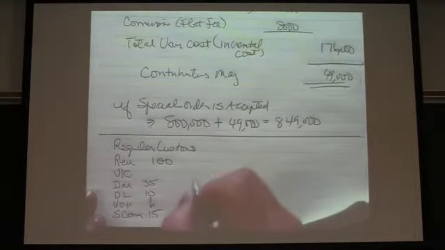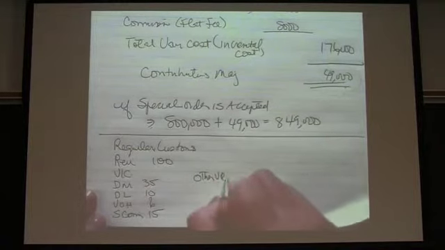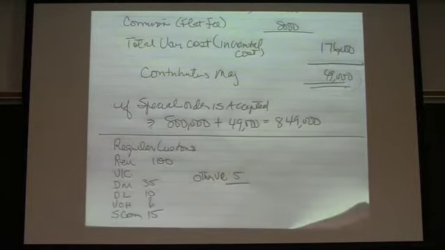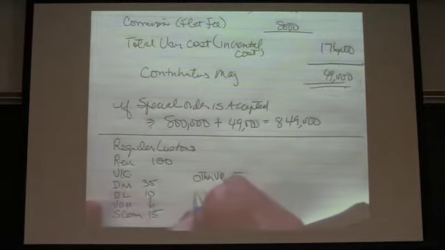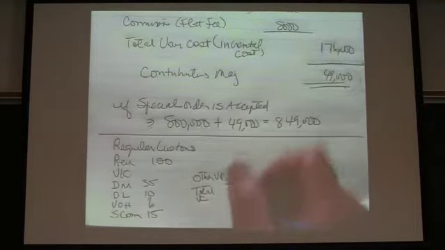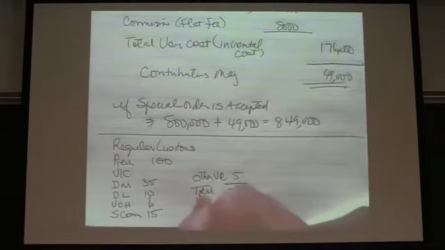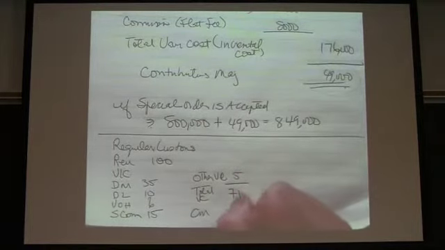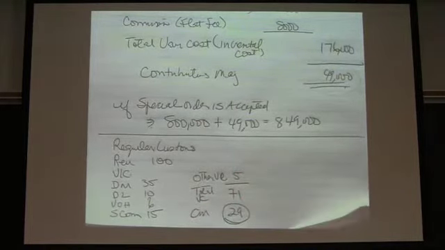And other variable cost is 5. So total variable costs: 35 plus 10 is 45, plus 6 is 51, plus 15 plus 5 gives me 71. So the contribution margin is going to be $29.